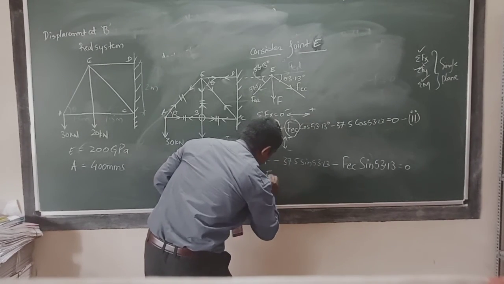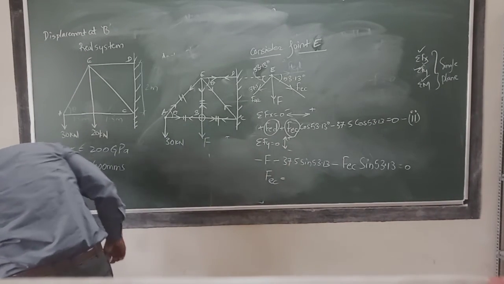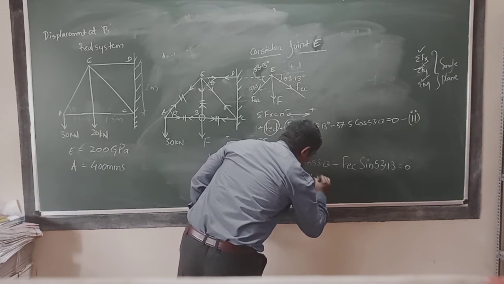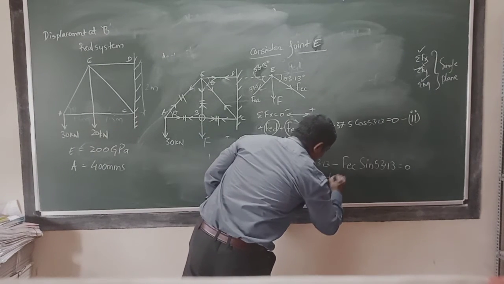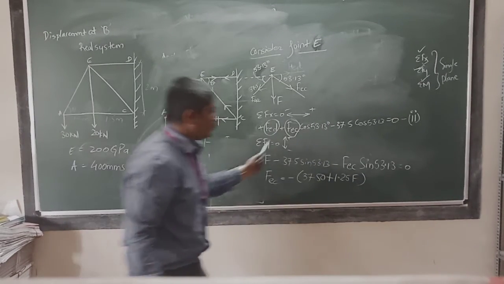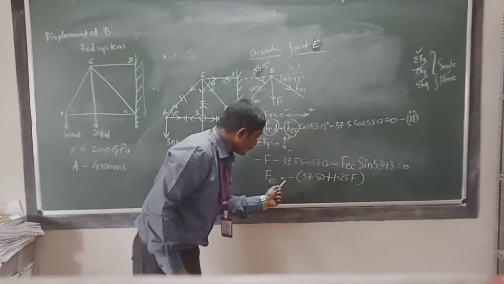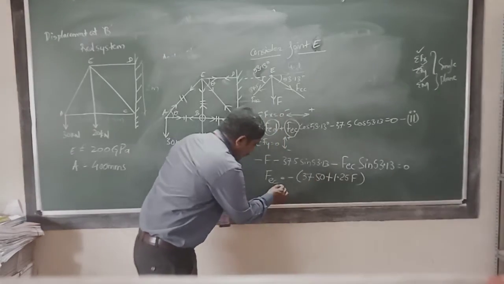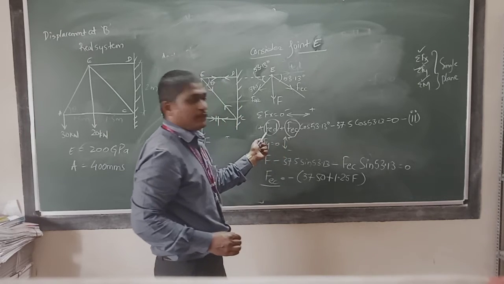So FEC you will get as minus 37.50 plus 1.25 f. Now take this FEC and substitute in equation number 2 so as to get the FED value also.